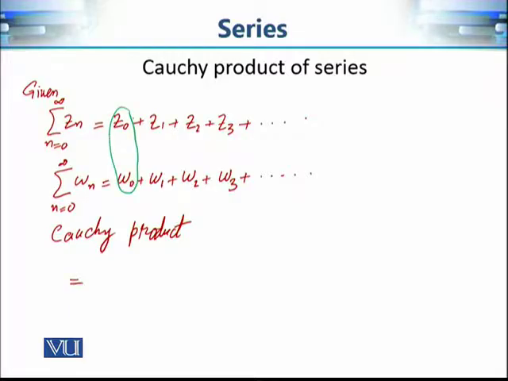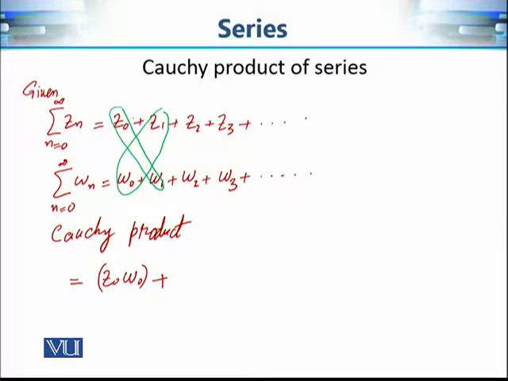Now let's see why it is natural to define Cauchy's product in this way. The first term of the Cauchy's product, as we have seen, is Z0 W0, which is obtained by multiplying Z0 and W0. So once again, the rule is the same: write down all the terms such that the sum of the indices is 0. And for the next term, we apply the same rule.